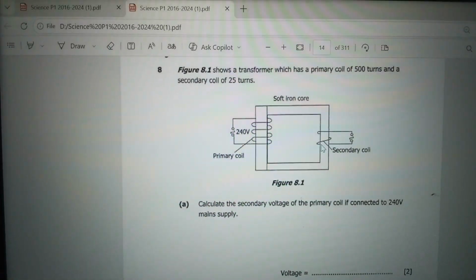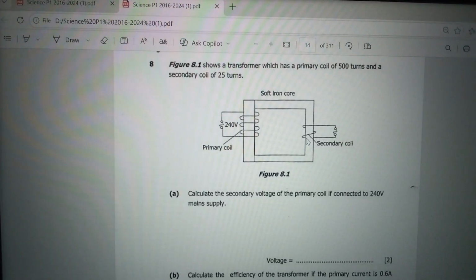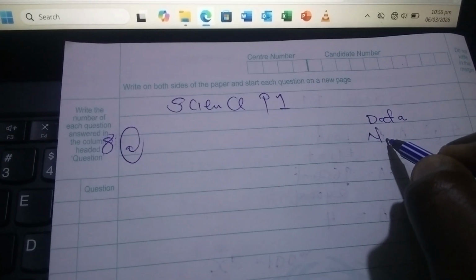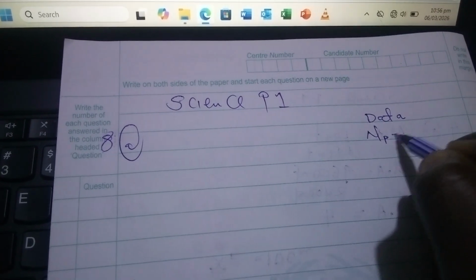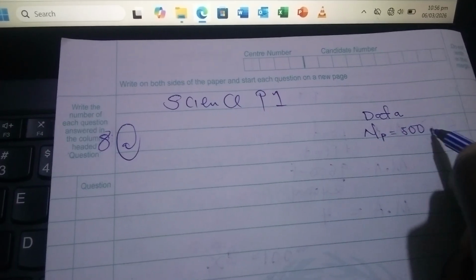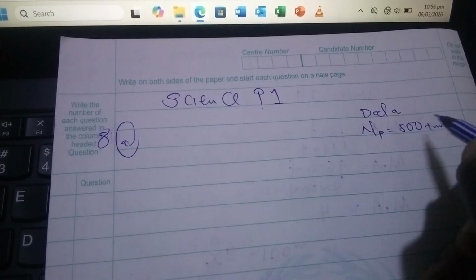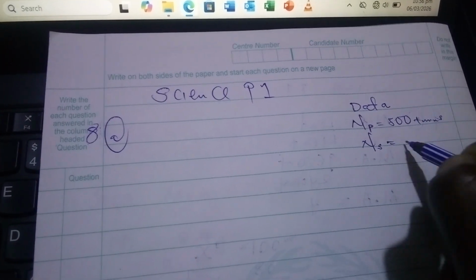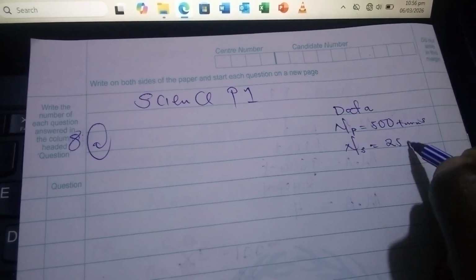So the number of turns of primary is 500 turns, then the number of turns of secondary is 25 turns.